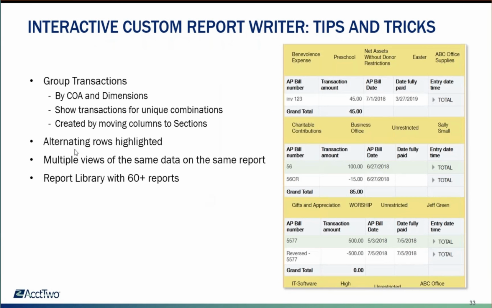All right, some tips. Remember we talked about the financial report writer, which is a great tool. But remember we talked that there were some limitations in that you can group by, let's say, your chart of accounts in one dimension, and then maybe you can expand the columns by another dimension.